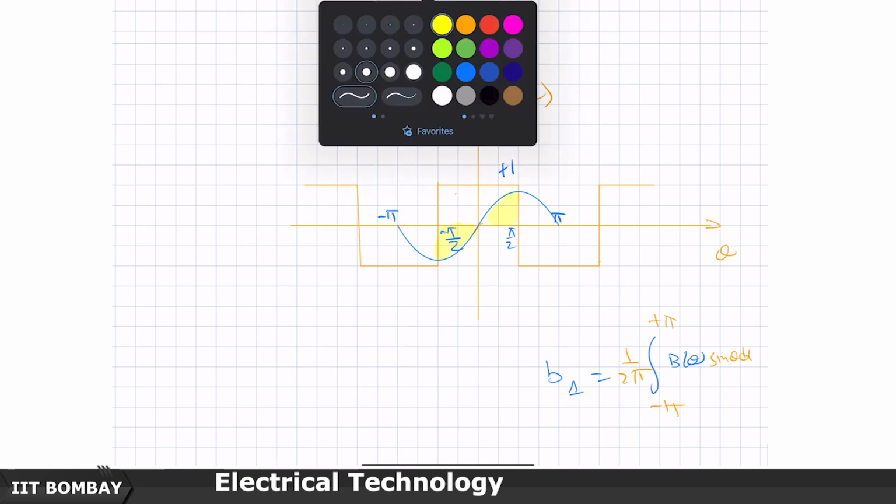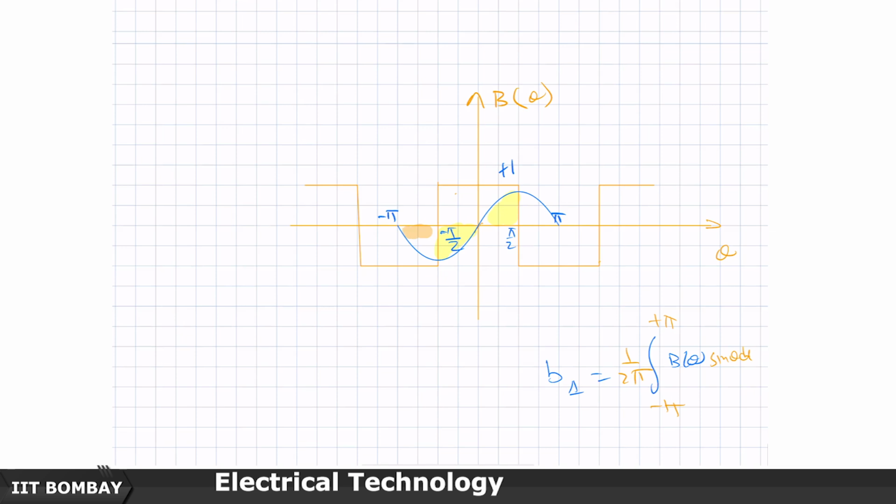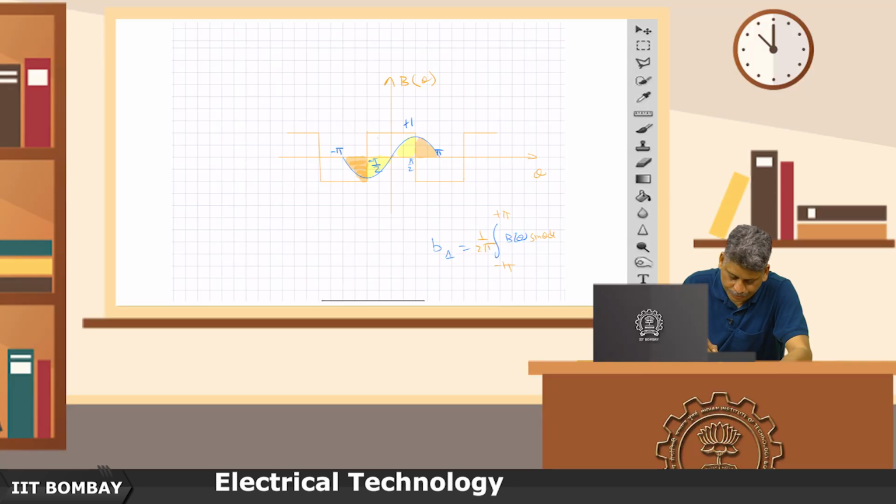Now, come to this particular remaining part of it. Look at this particular area. Here the area is actually positive because this is minus 1 and this one is negative. So, this is exactly the same area as this, but it is positive. And here the area which is represented is actually negative, because this term which is positive is multiplied by minus 1 here.